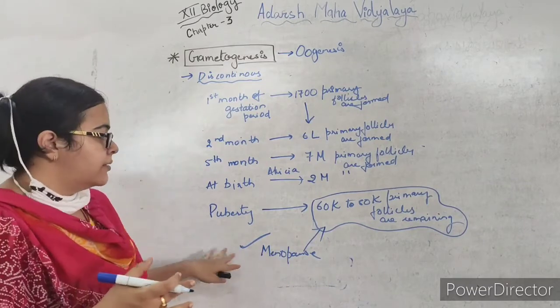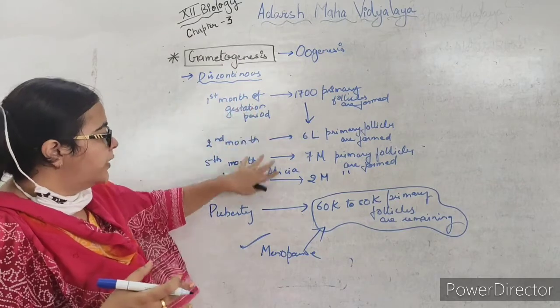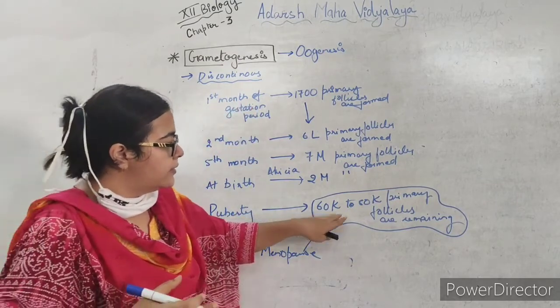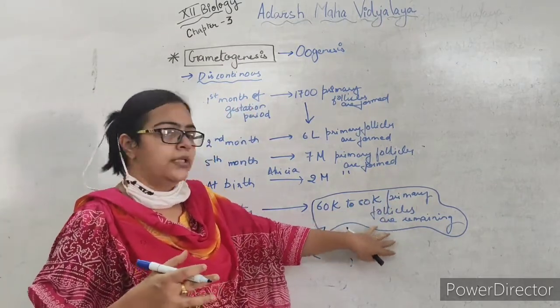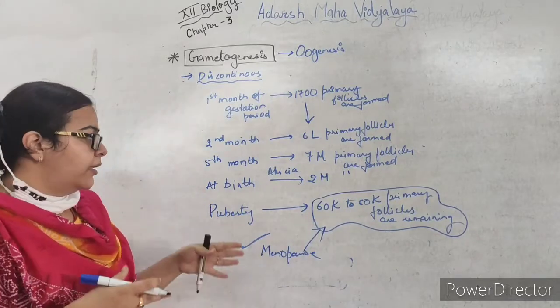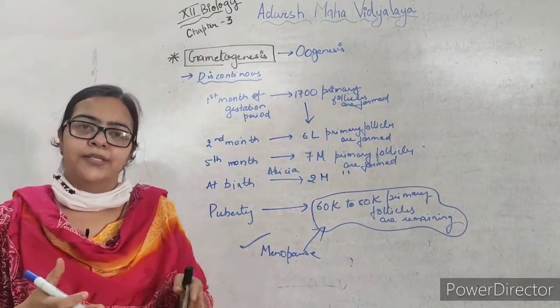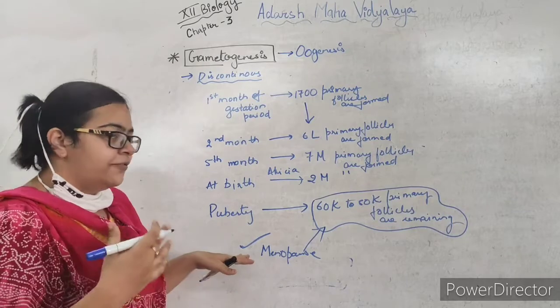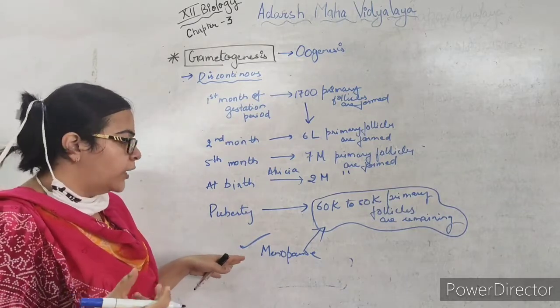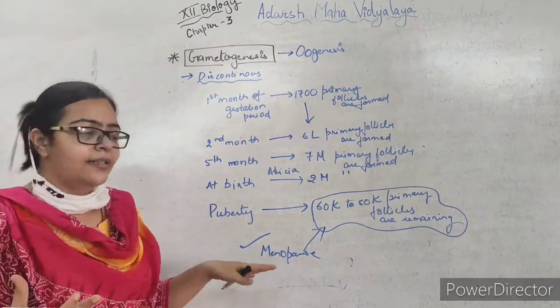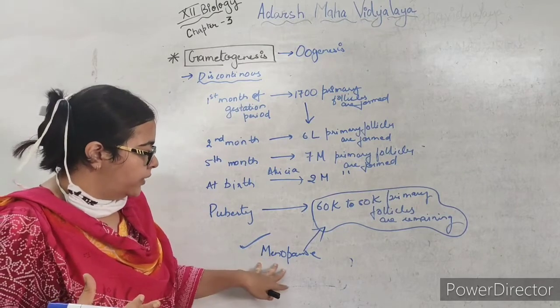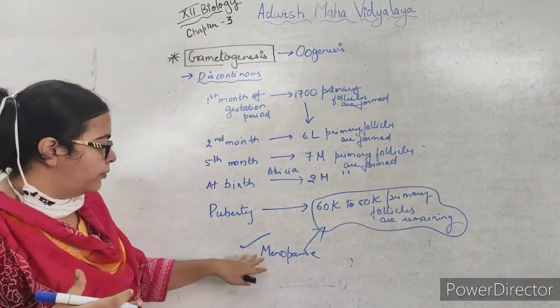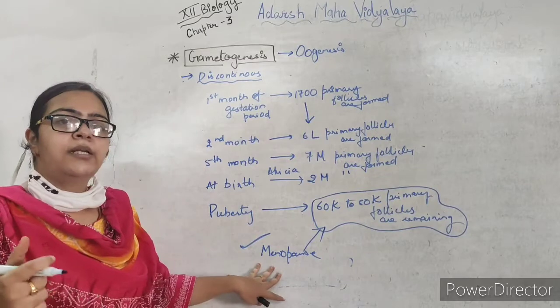Till puberty only 60 to 80,000 primary follicles remain, so after years these follicles will get degraded, and a stage will come in the female's life, the menopause, when menstruation will cease.